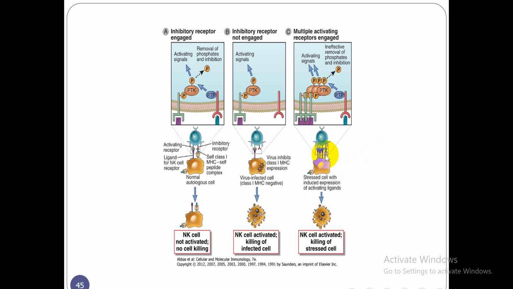Although we have the expression of MHC class I, we have increased the amount of activating ligands on the surface of this stressed cell, so this provides the activation of activating receptors on the surface of the NK cells, and the net result is the activation of the NK cell, and this NK cell could lyse the stressed cell.